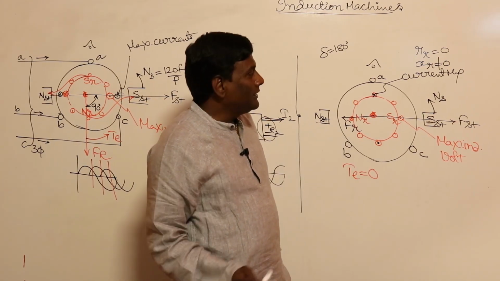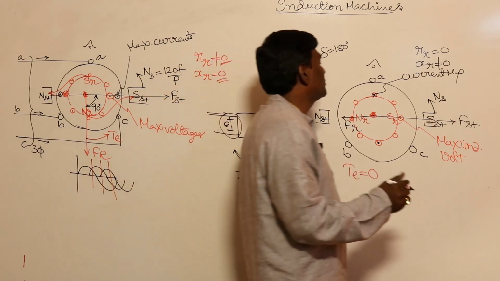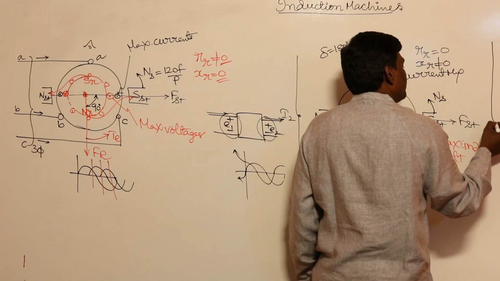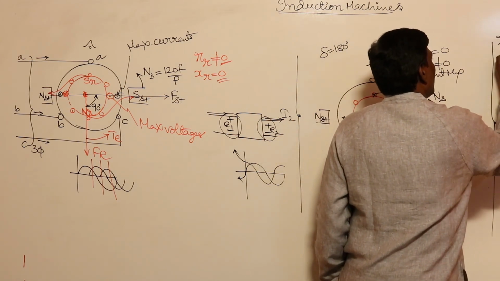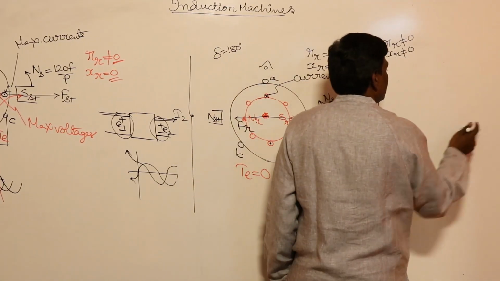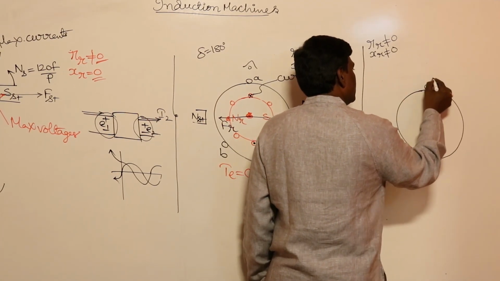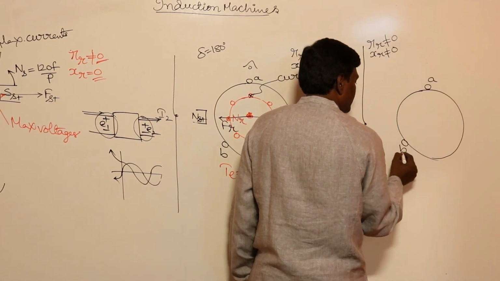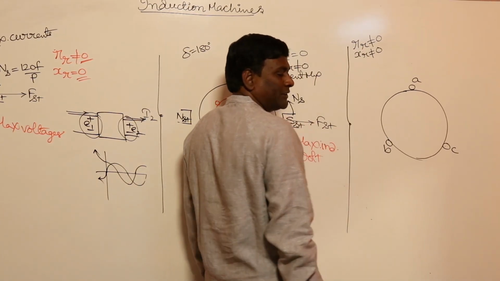For example, let us consider if the rotor is having resistance and also reactance, what will happen? In the sense, let me consider rotor resistance and also rotor reactance. Let us see, this is going to be the stator, A, B, C. Let me supply a three-phase supply to this.